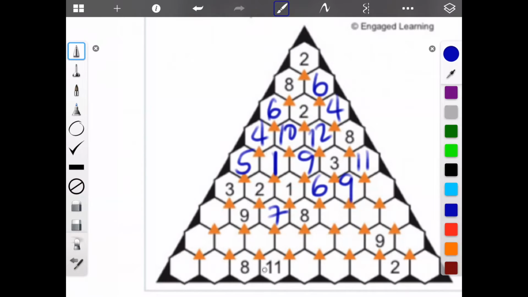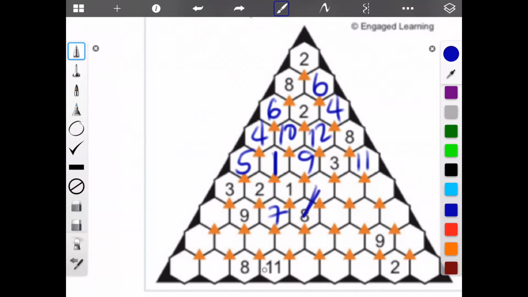To get to 11, I need, this can't be 9. To get to 3, okay, to get to 9, this has to be 8. Or it could be 10, since I already have an 8 there.